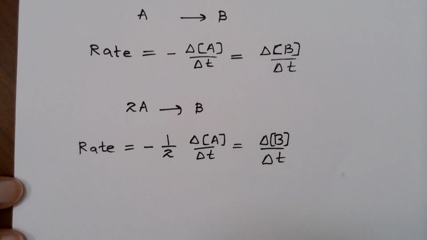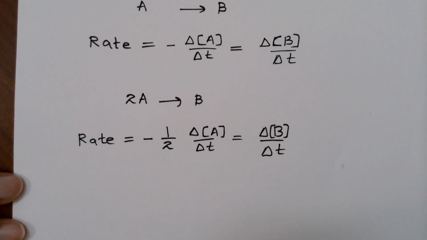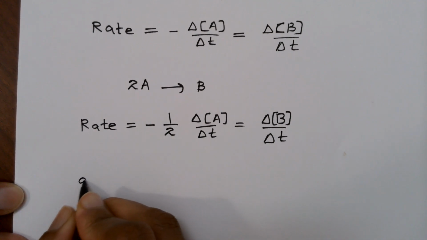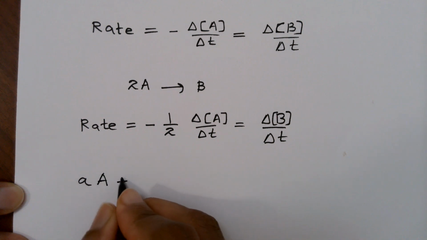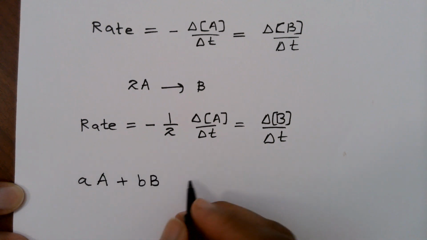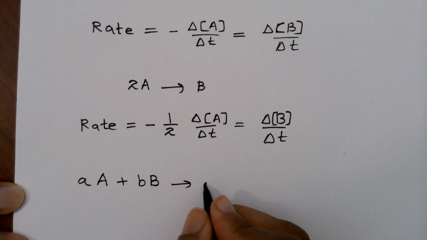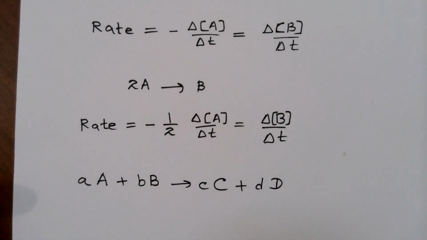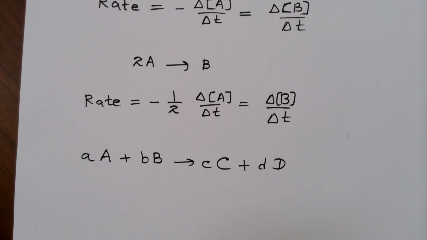Now for any kind of reaction, let's write the general format. The reaction is a moles of A react with b moles of B to produce c moles of C plus d moles of D. For this general reaction, what is the rate expression?